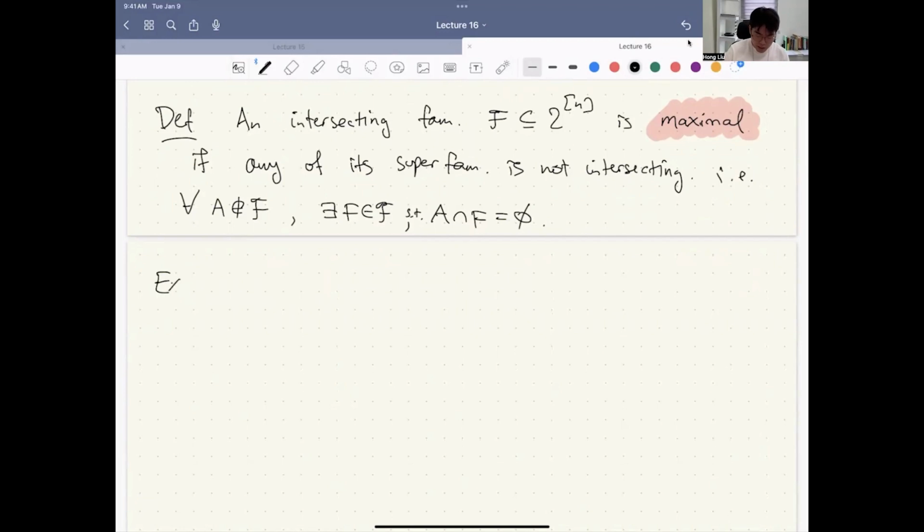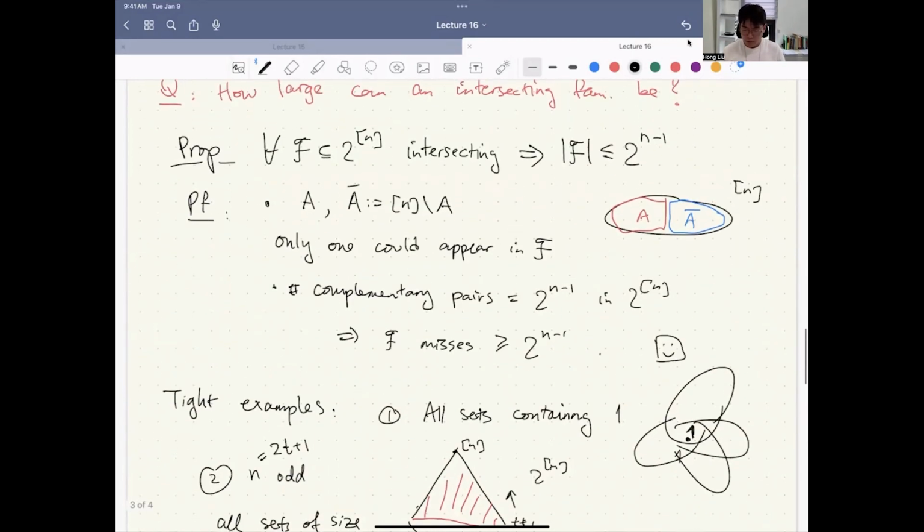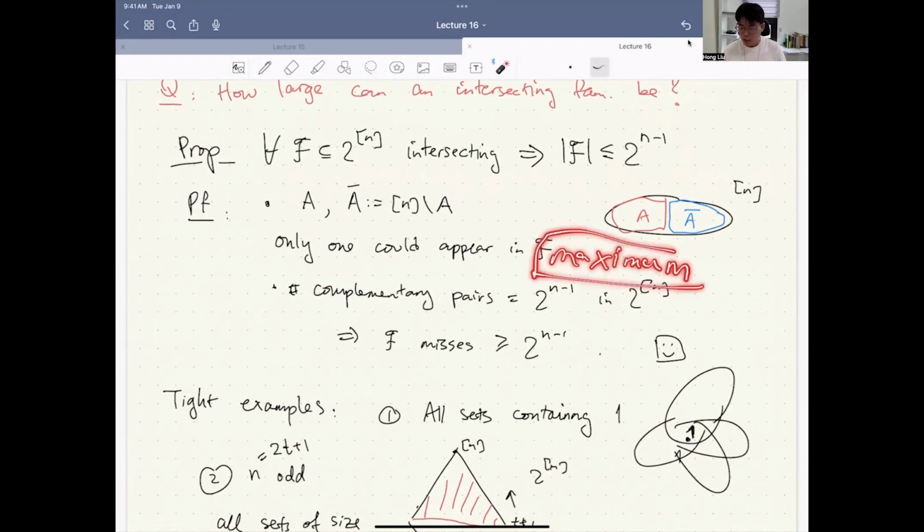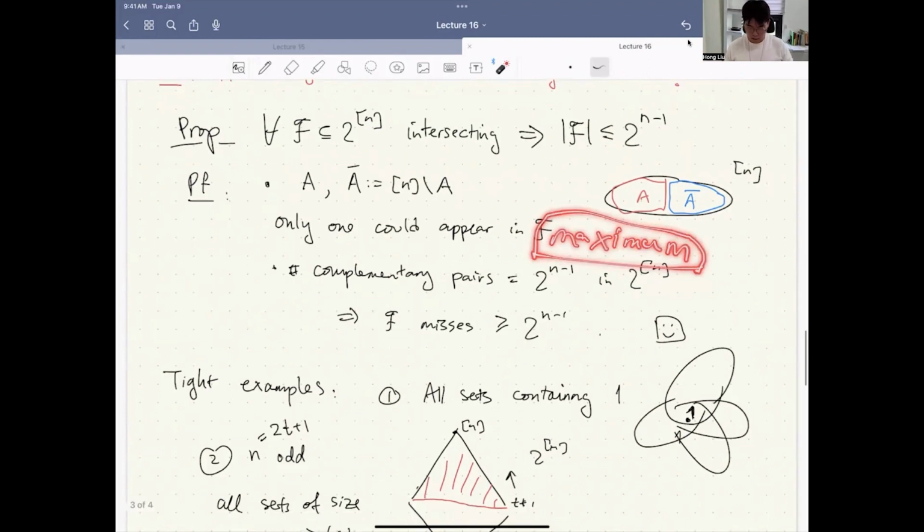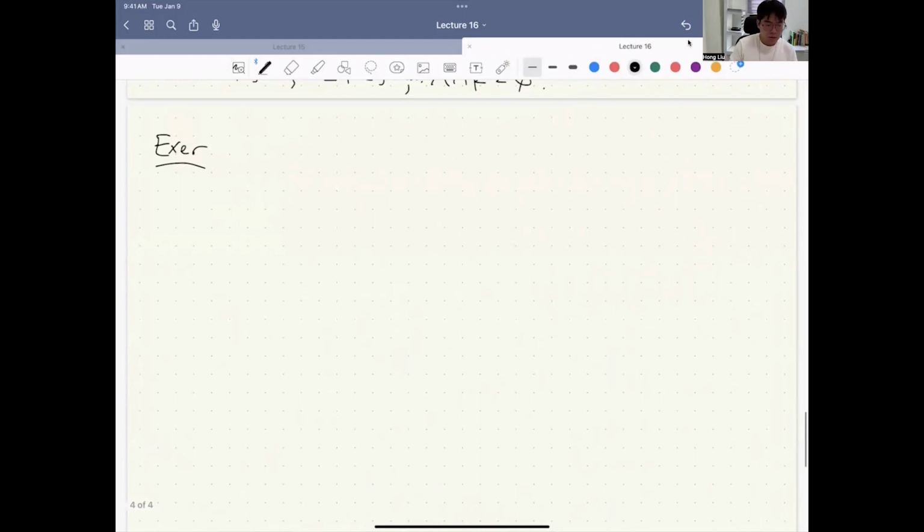Now, this exercise says we have this bound 2 to the n minus 1, which is maximum. But actually, in this non-uniform case, all maximal families are of maximum size. So here's the exercise.